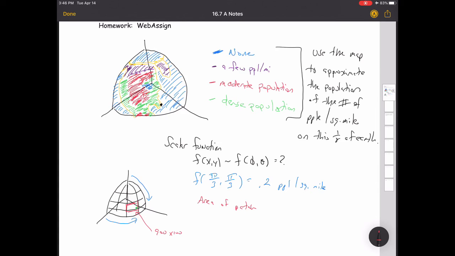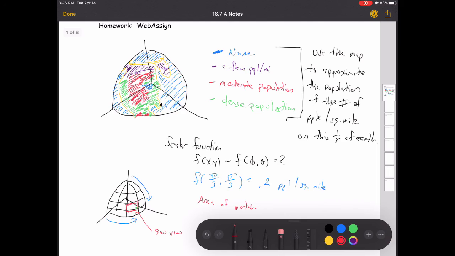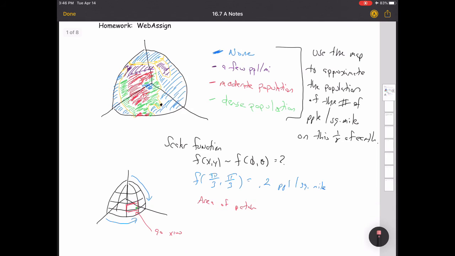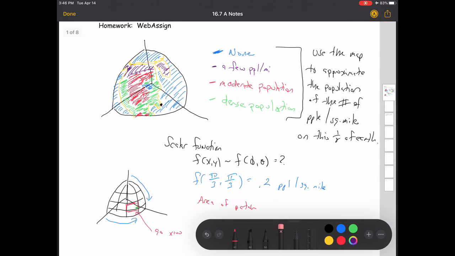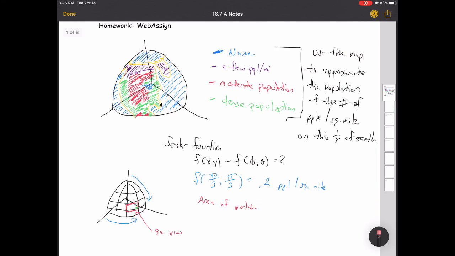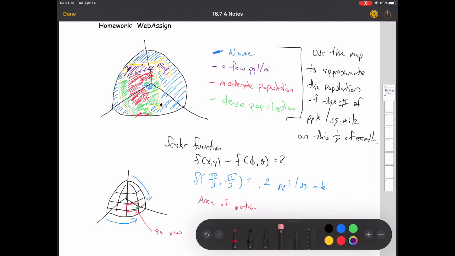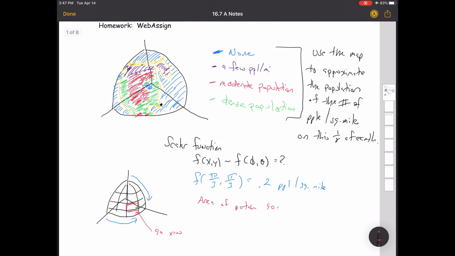No. Oh, I'm sorry. That should not be a 900. That's way too big of a patch. That should be 90. There we go. That's going to make it a lot easier to figure this out. Okay, so the area of our patch is 90 by 100, which is 90 times 100, or 9,000 square miles.